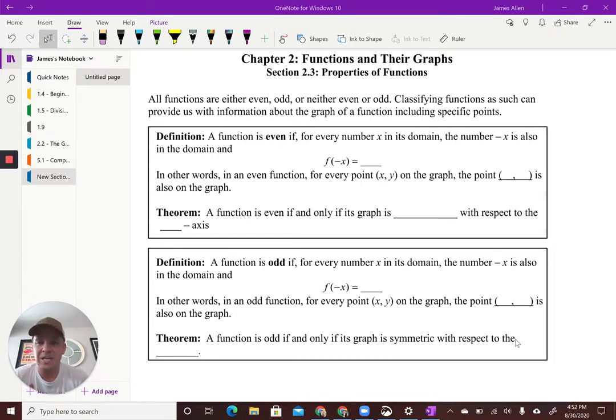A function is even if, for every number x in its domain, the number negative x is also in the domain. So f of negative x would also equal f of x. In other words, in an even function, for every point x, y on the graph, the point negative x, comma, y is also on the graph.